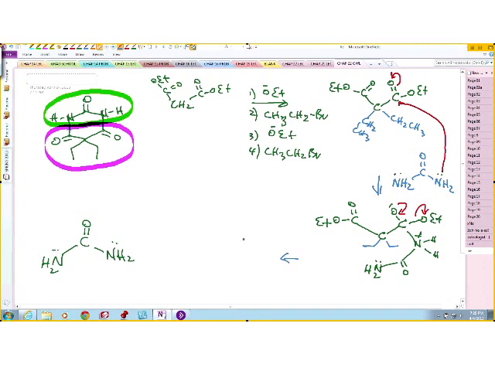So now you begin to have this. Your carbonyl has been formed, and this nitrogen is here, attached to the carbonyl, and then you have this here attached to here.